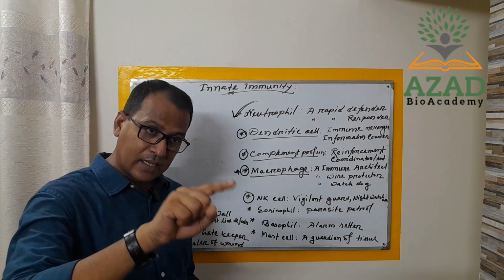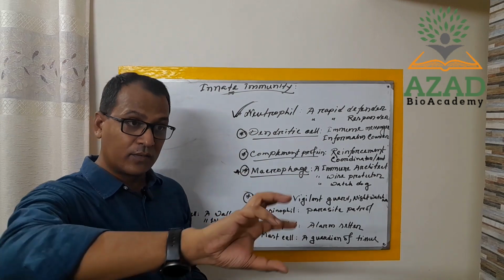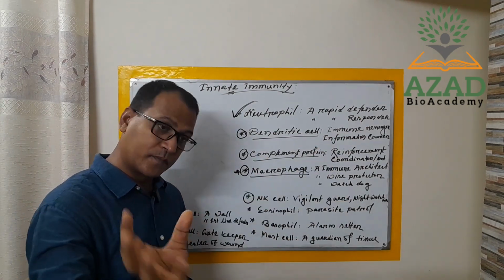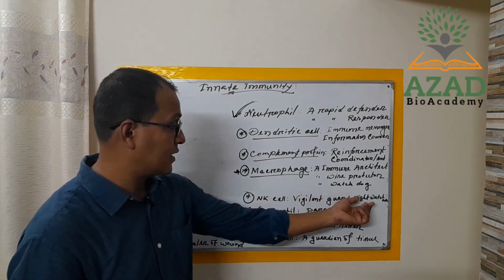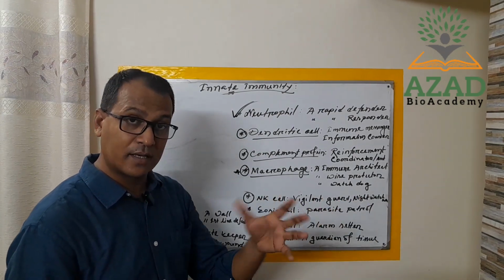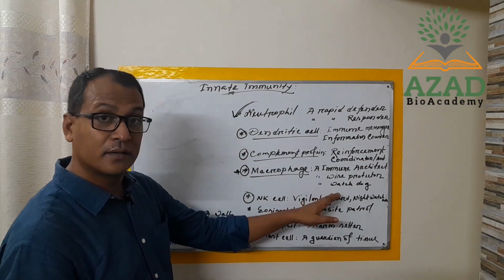That means if a microorganism enters within our cell, the NK cell will find it and kill it along with the cell. So this is very important, like night watchman activities. You can say it is vigilance as a guard. Okay.